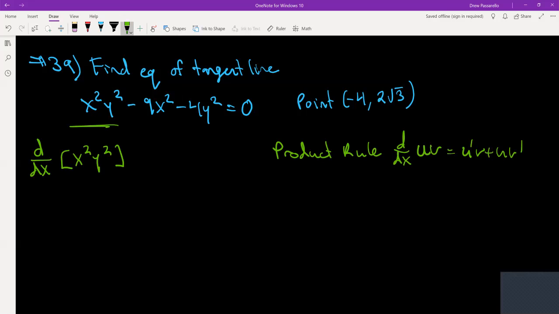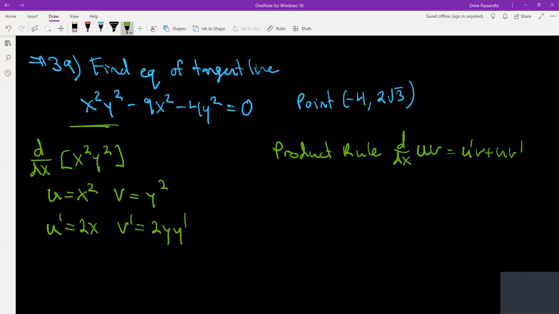In this case, our u is x squared and the v is y squared. By power rule, derivative of x squared becomes 2x. So u prime is 2x. V is y squared, and similar power rule being applied, so it'll be 2 times y. But then since it involves y, we attach the y prime.